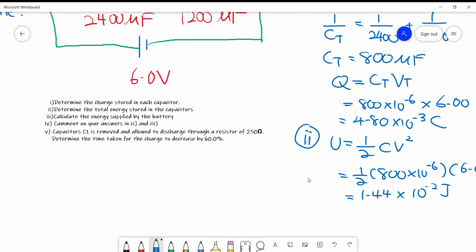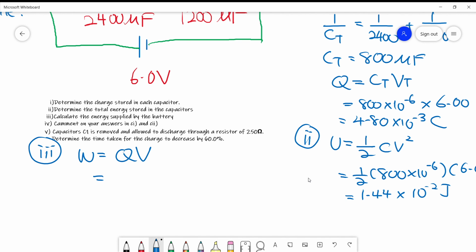So question number 3, calculate the energy supplied by the battery. The energy supplied by the battery is actually equal to the work done, which is QV.